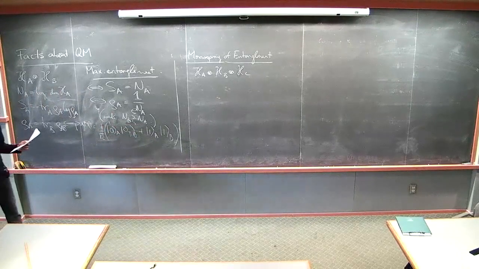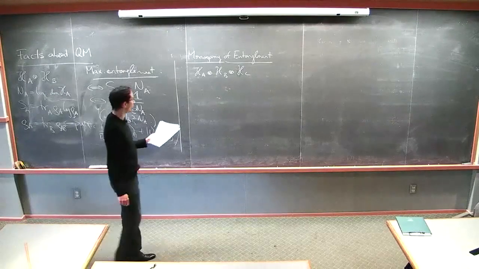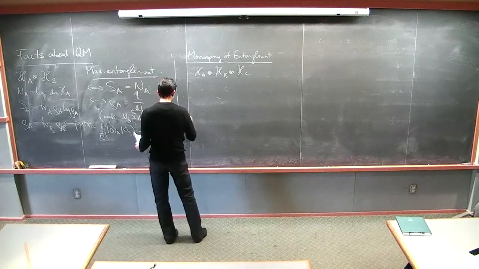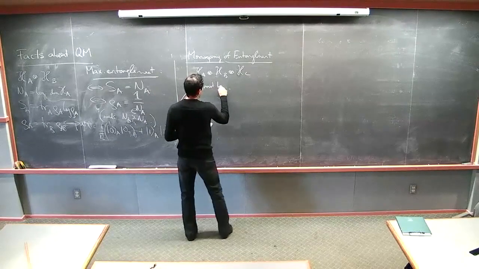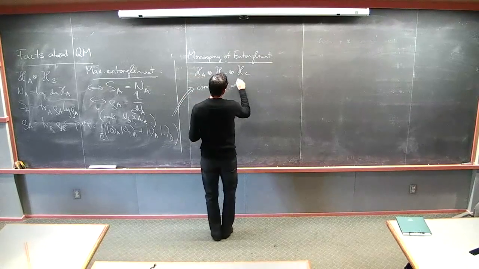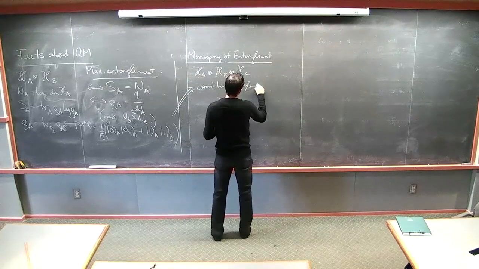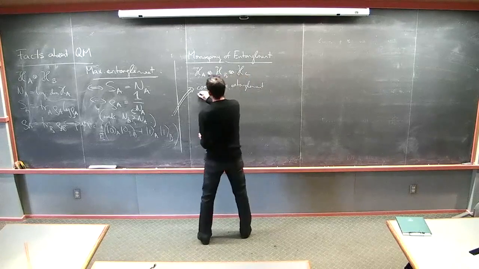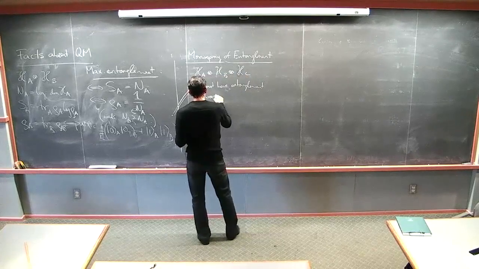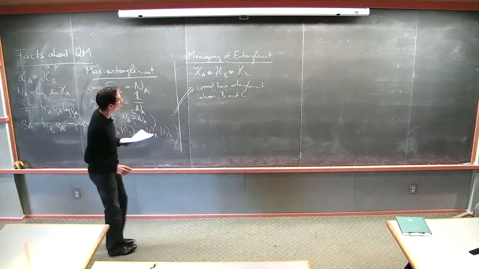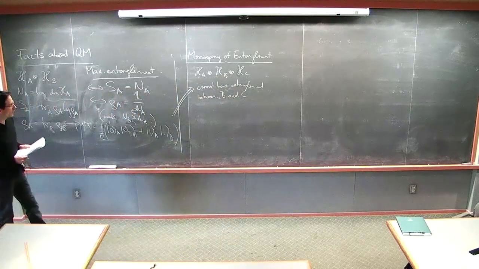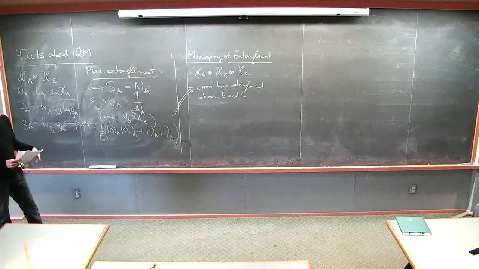And the answer is no. If we have this, you can't, in fact, have any entanglement at all. You can't even have any correlations between B and C if A, B are in this state.